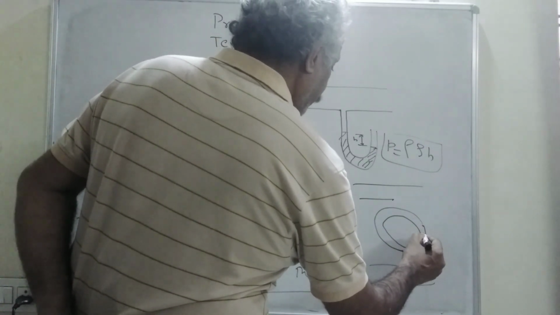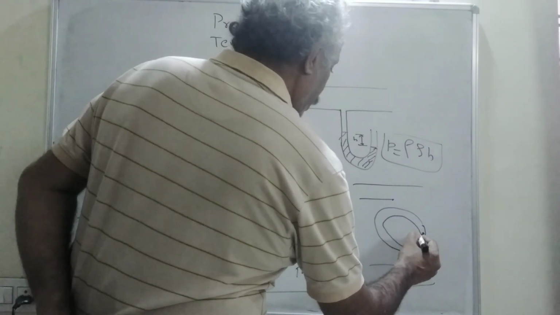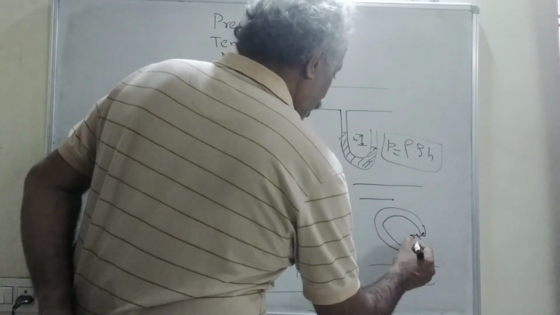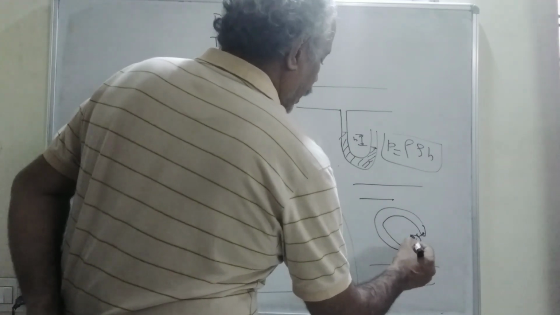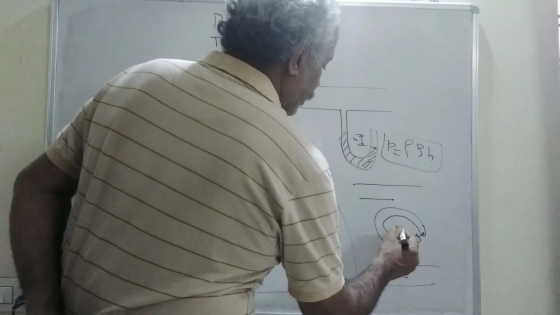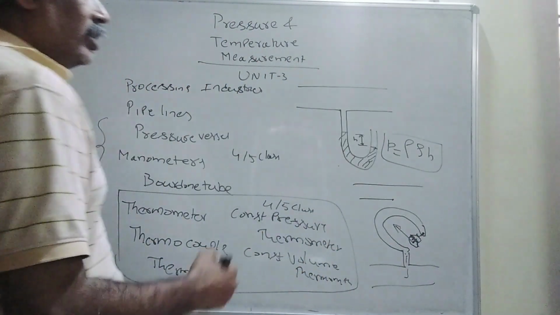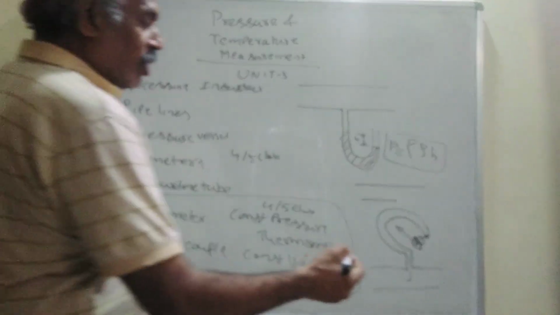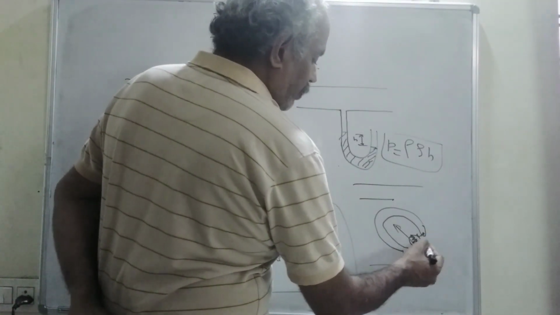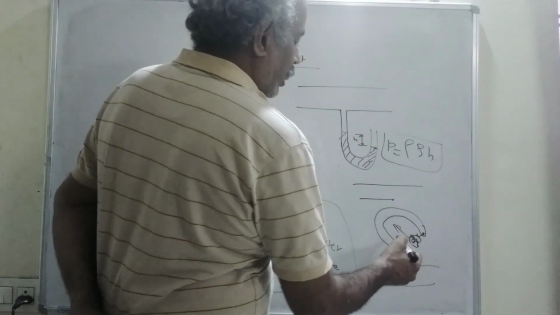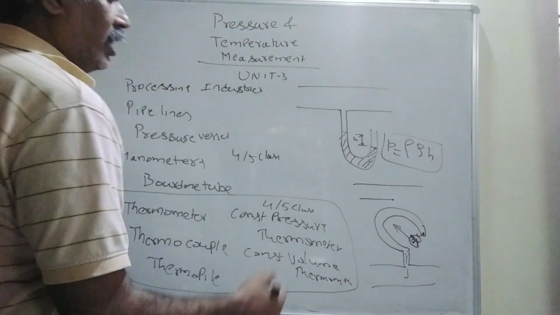Here some mechanical linkage will be there, connected to a rotary linkage, and this rotary linkage will move a dial. So depending on pressure, what is the deflection, what is the leverage, and what is the angle of deflection. This is what we are going to see on the dial.